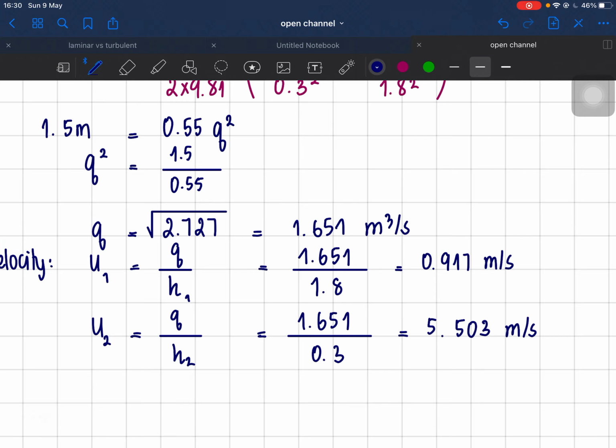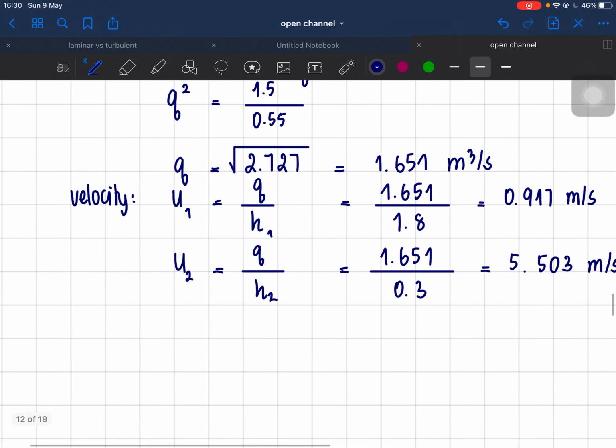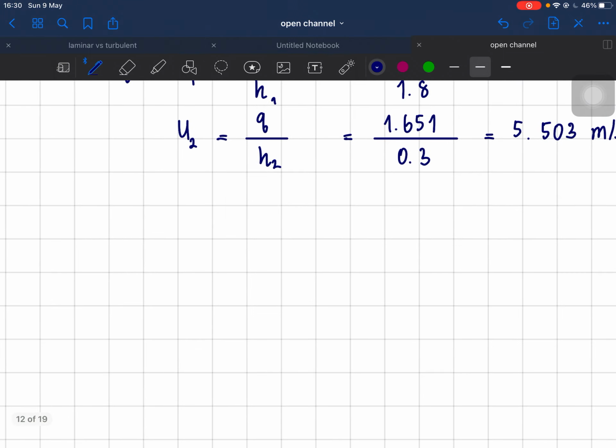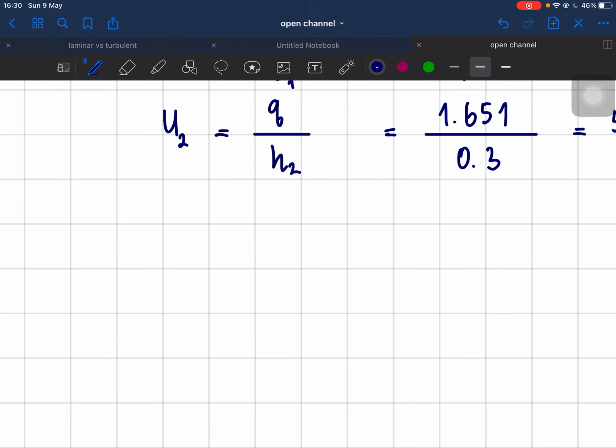So if F is the force that is exerted on the gate, so the momentum principle of it. Of course, there's the formula for finding this one. So it's 1 over 2 rho g.